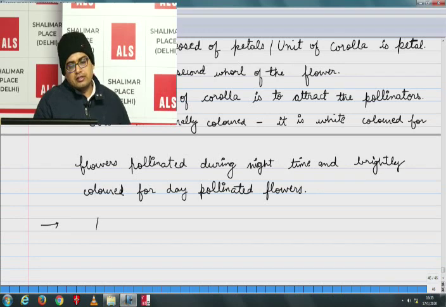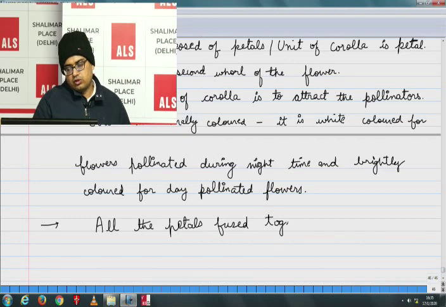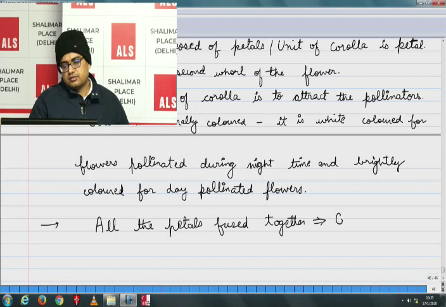If all the petals are fused together, just like for calyx we did, you call it gamopetalous.